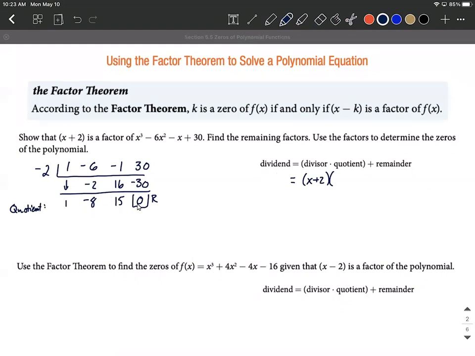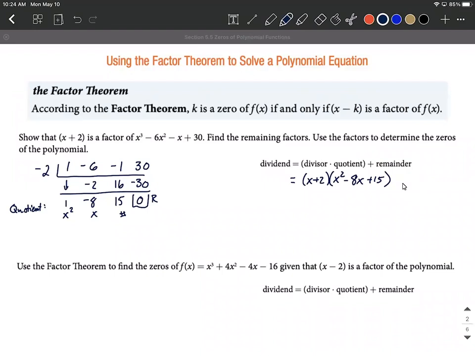Remember, right next to the remainder, this 15 is going to be a constant. And then the next digit is going to be an x to the first. The next one's going to be an x to the second. If we had more digits, you just keep counting up on the powers of x. So we can rewrite this quotient as 1x squared minus 8x plus 15. And for our remainder, we could tack on a plus 0, but we really don't have to add 0 to the end of this.